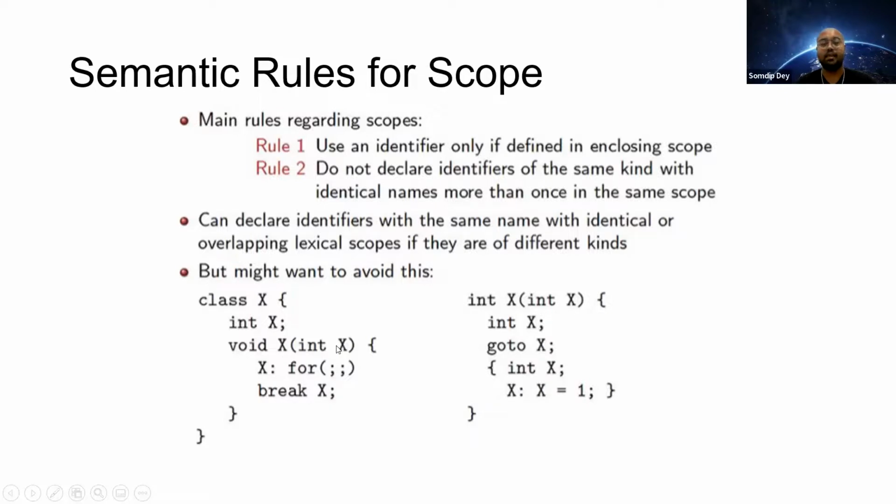And it takes an argument of type X. This is not a good way of writing code, because the type information could be mismatching, and errors can happen because of that, right?